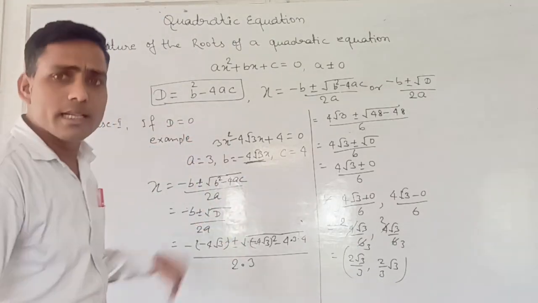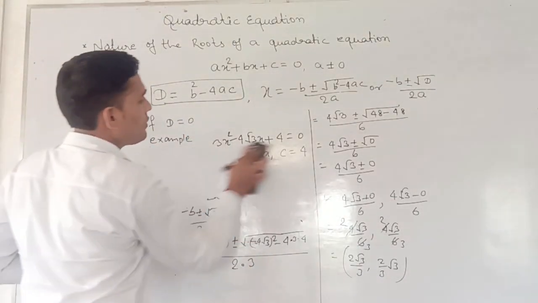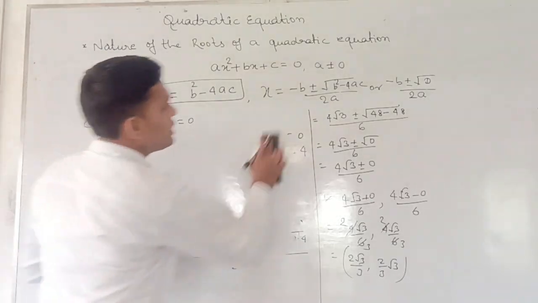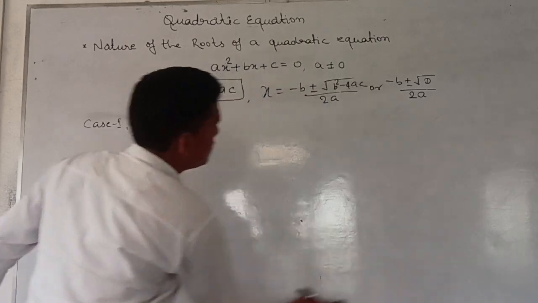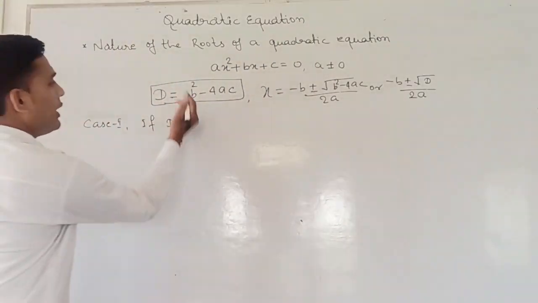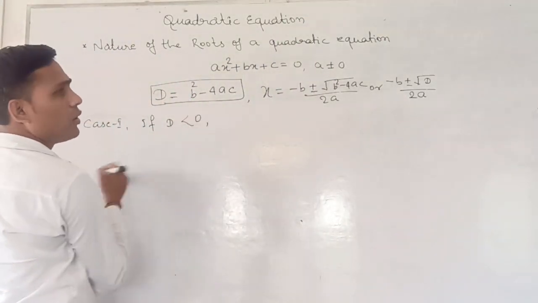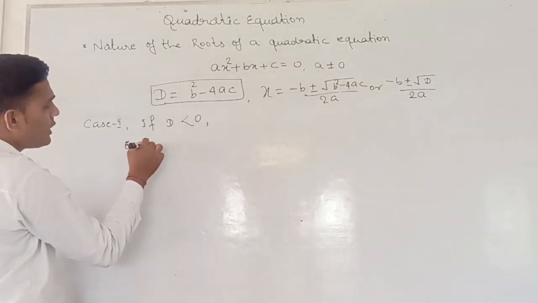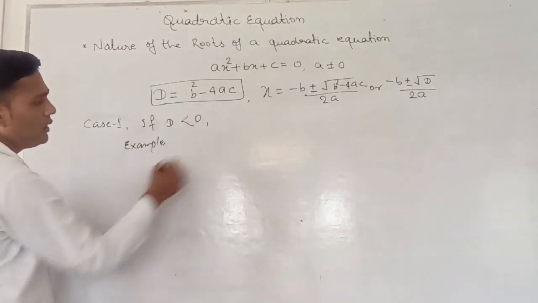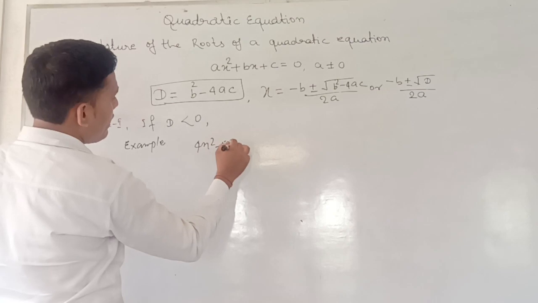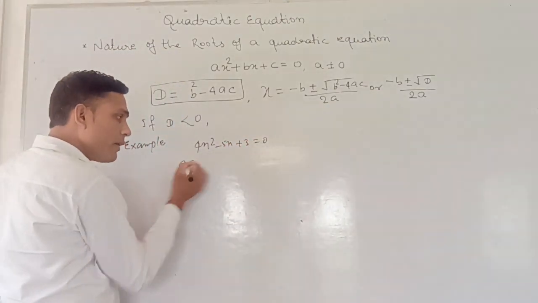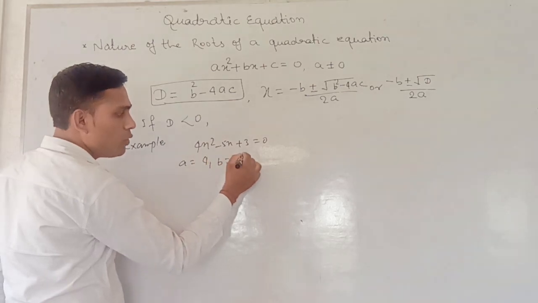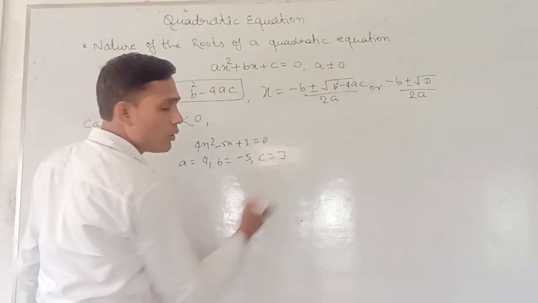Similarly, we can find out if D is less than 0. Suppose we take examples for D less than 0 and D greater than 0. Now I am taking D less than 0. The example is 4x square minus 5x plus 3 equal to 0. What is the value of a? 4. b equals minus 5. c equals 3.